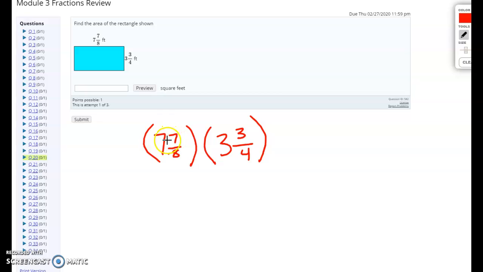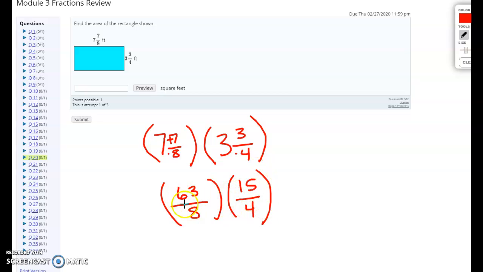So we'll have 7 times 8 plus 7. 7 times 8 is 56. 56 plus 7 is 63 over 8. Okay, this other one, 3 and 3/4, 3 times 4 is 12 plus 3, and we'll get 15/4.